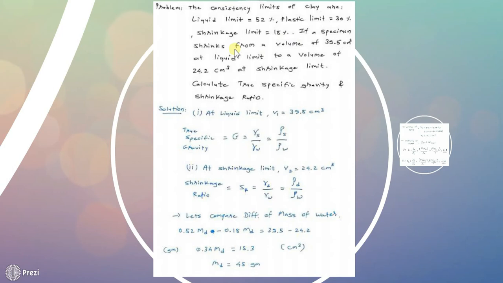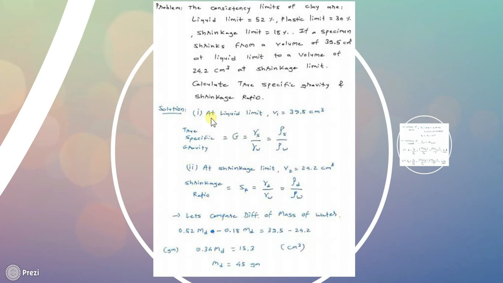A specimen shrinks from a volume of 39.5 cm³ at liquid limit to a volume of 24.2 cm³ at shrinkage limit. Do note that the specimen is shrinking from some volume at liquid limit to some volume at shrinkage limit. This is the most important statement in the problem. Calculate true specific gravity and shrinkage ratio.